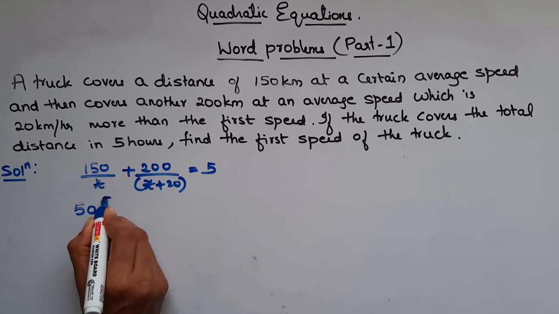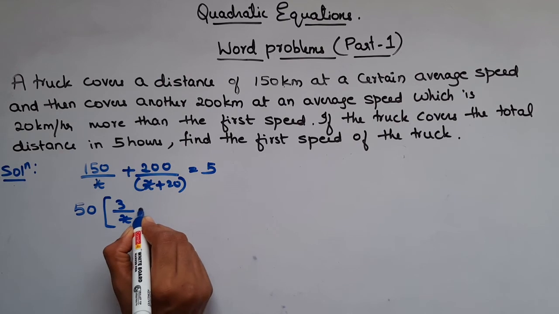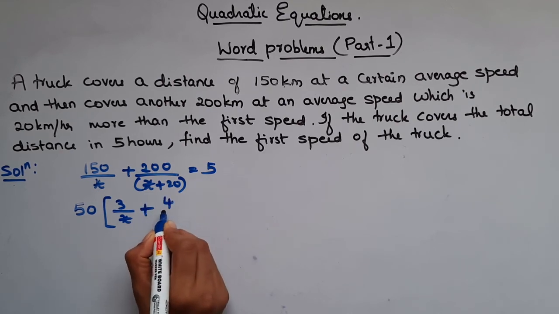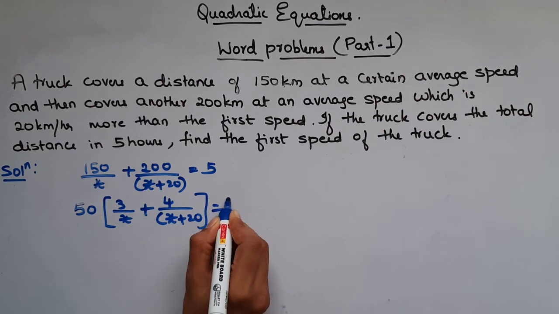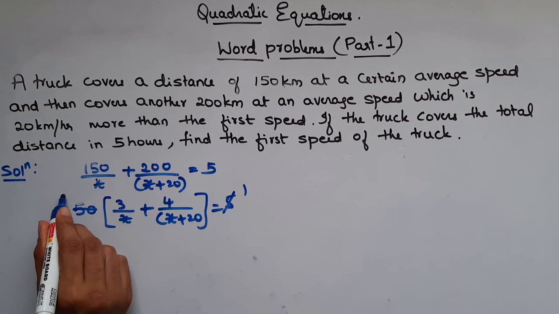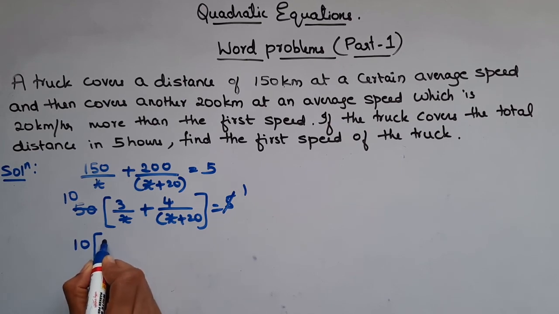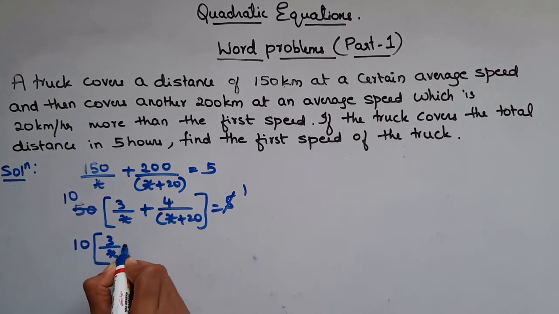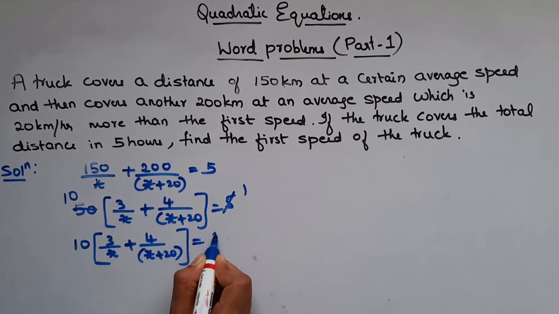So 50, 3 is a 150 by x plus 4 is a 200 by x plus 20, right, which is equal to 5. So 5 ones are 5, 0, so we are left with 10 into 3 by x plus 4 by x plus 20, which is equal to 1, right?